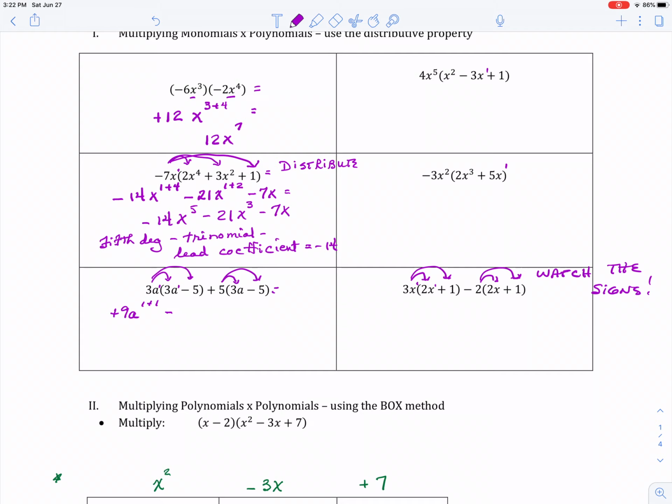The next distribution is going to give me a negative 15, and I still write down that a to the first. Moving to the second parentheses, positive 5 times positive 3a is positive 15a to the first, and positive 5 times negative 5 is negative 25, and there's no variable on that term.